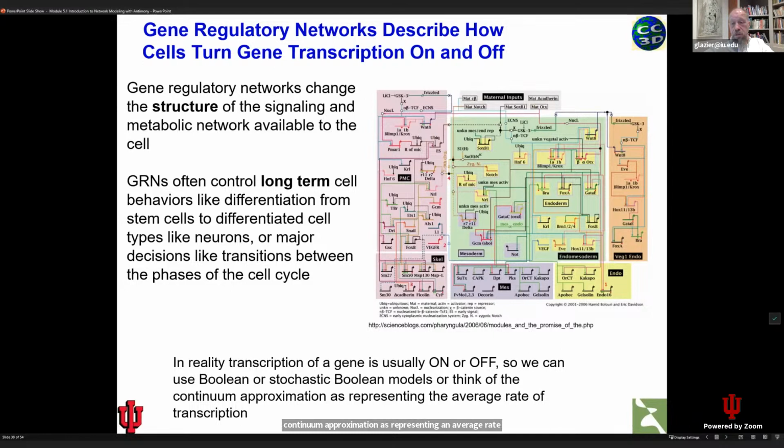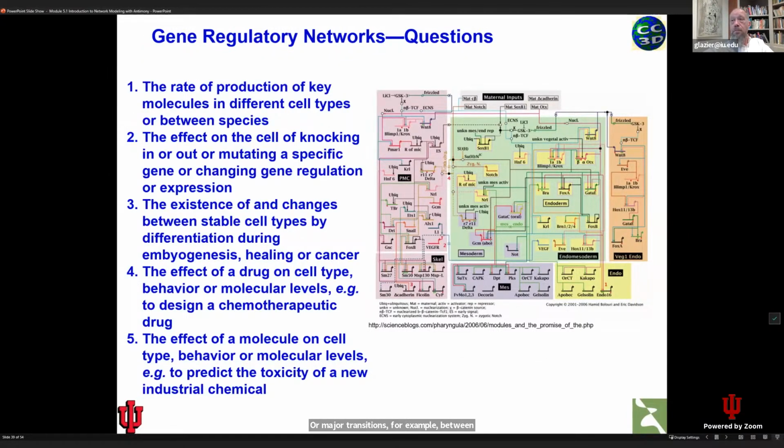Gene regulatory networks typically control long-term behaviors like cell differentiation or major transitions, for example, between phases of the cell cycle. You'd like to have some idea of what controls the rate of production, for example, of different chemical species, that is, between different cell types.